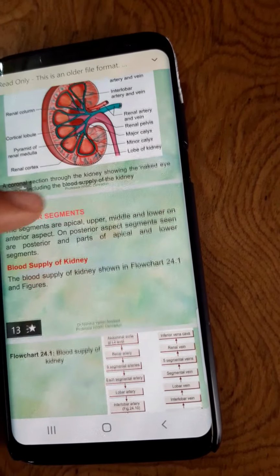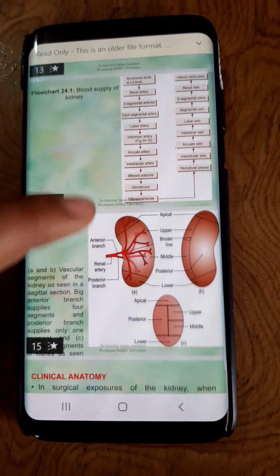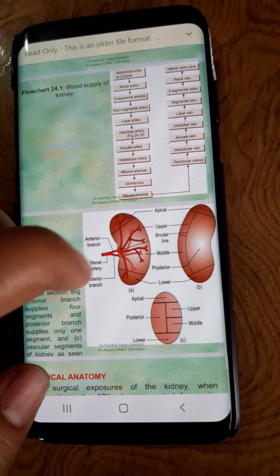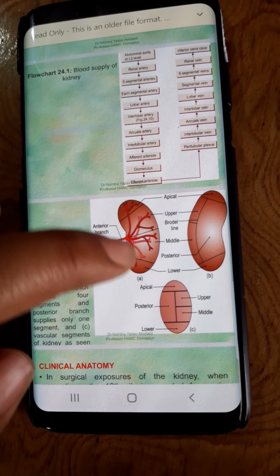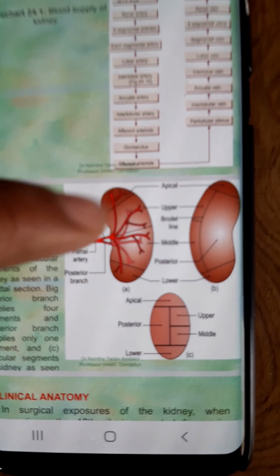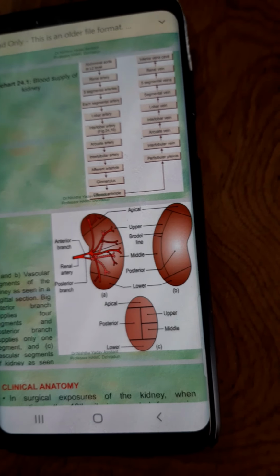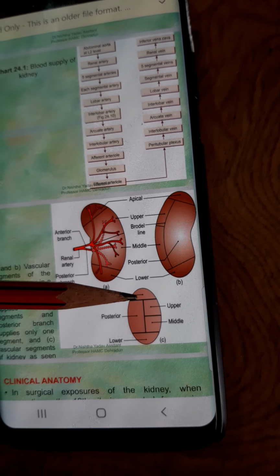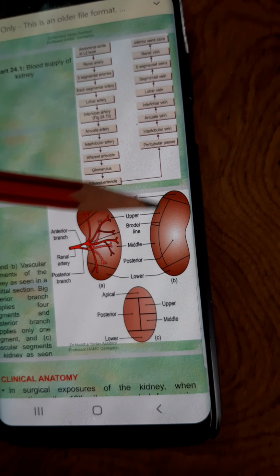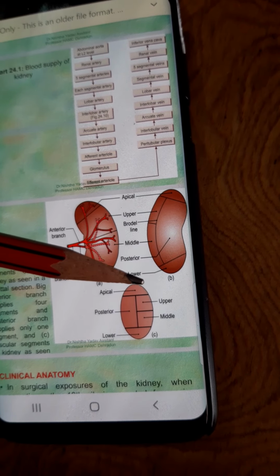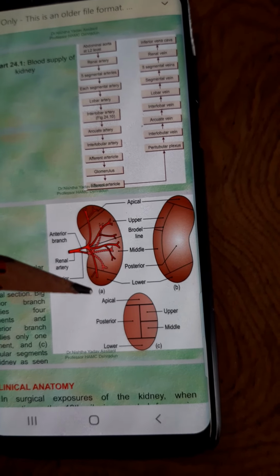Then the vascular segments. The kidney is composed of some segments through which the arteries divide, redivide, and transmit blood to the kidney. These are the apical, upper, middle, posterior, and lower segments, in which the renal artery divides to form the segmental arteries.